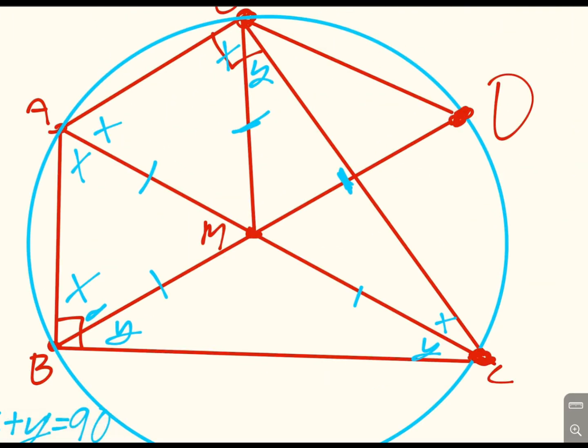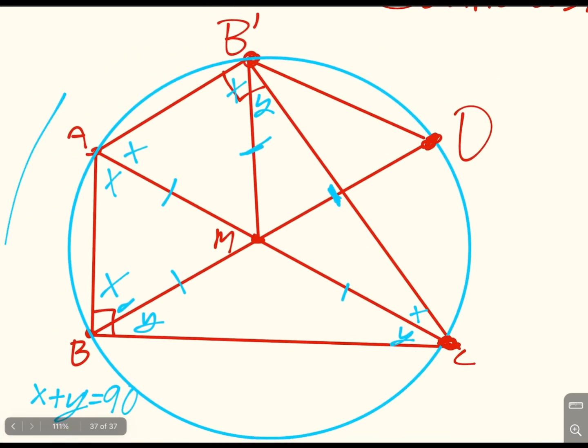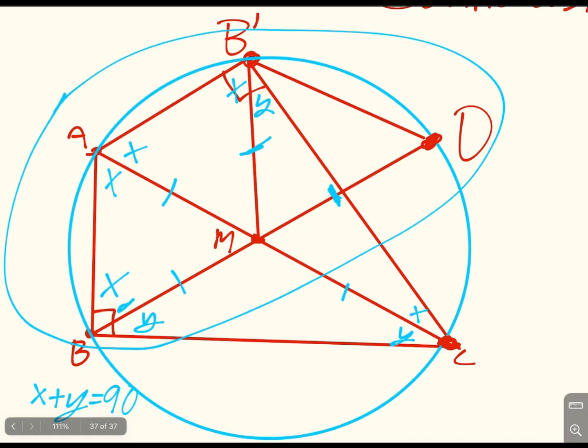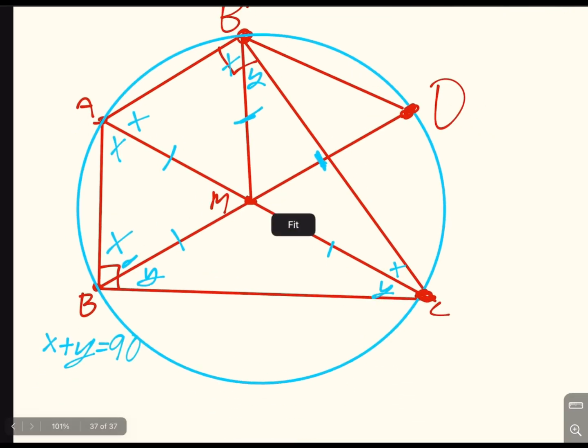We also know that quadrilateral ABDB prime is cyclic, right? Since all these points lie on the same circle that we previously stated.